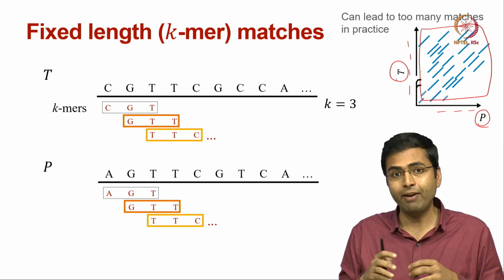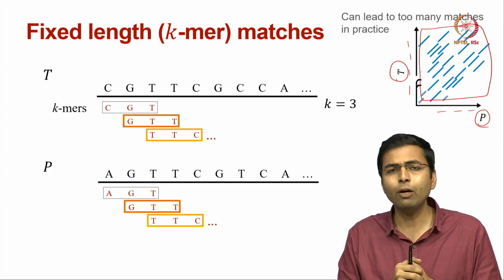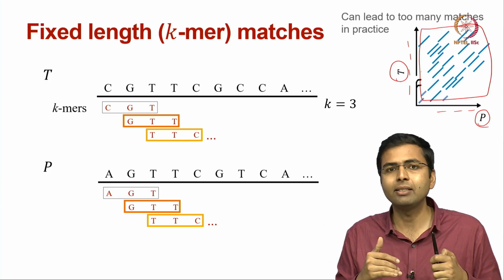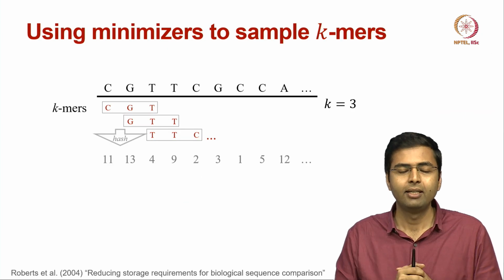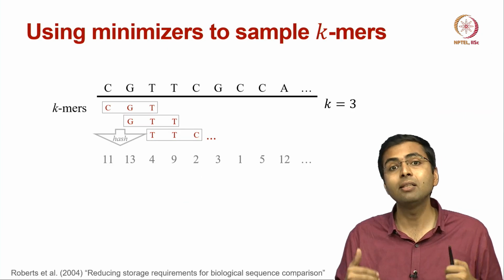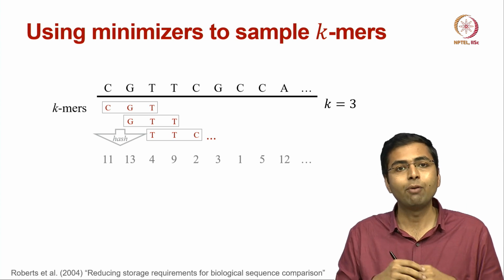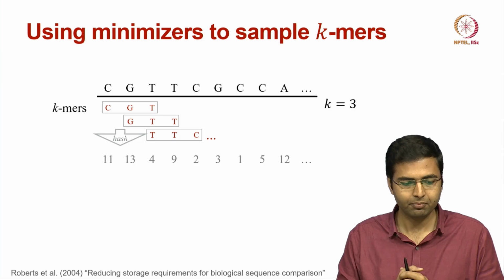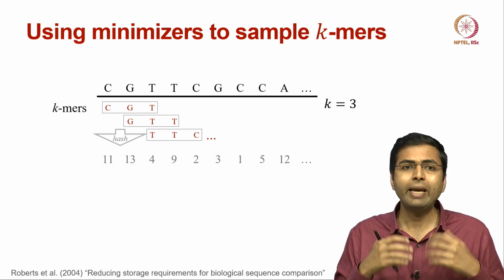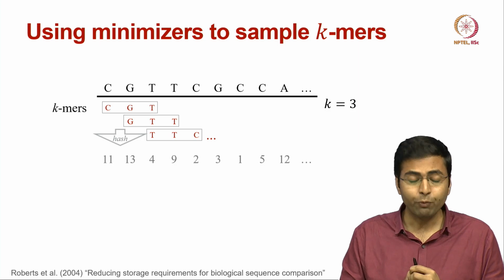In order to effectively process the downstream stages, we have to find a way to reduce the number of matches. Now one common technique is to sample the k-mers, and one popular technique to do that is known as the minimizer technique. The way this technique works is the following.